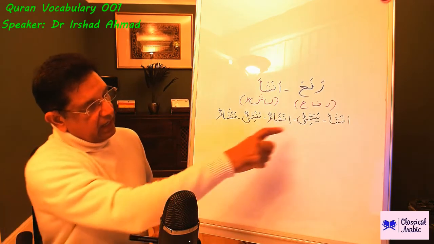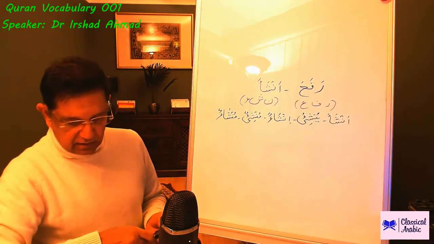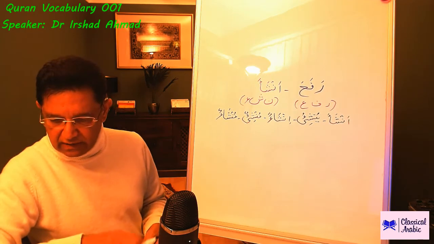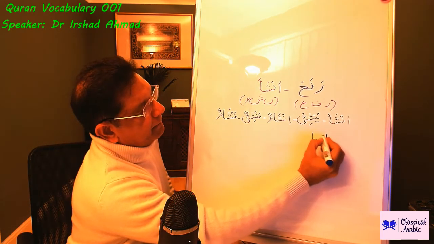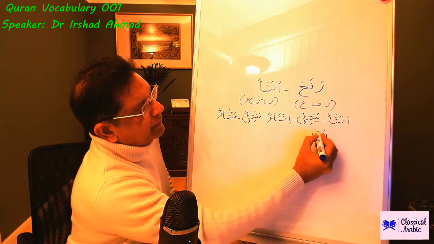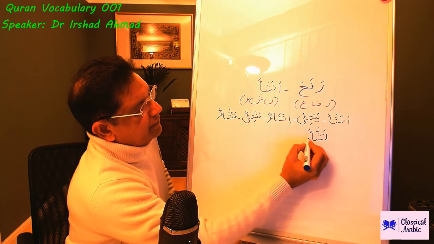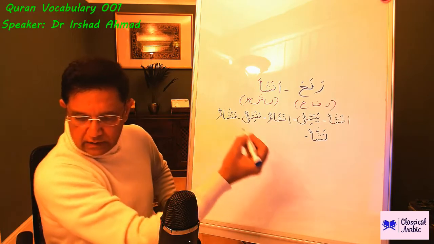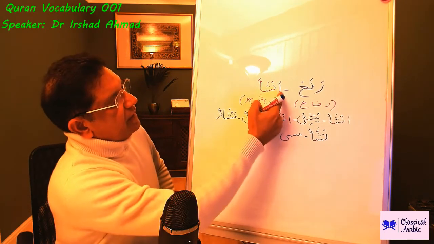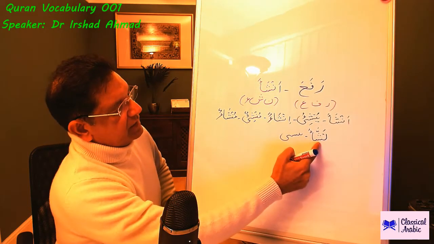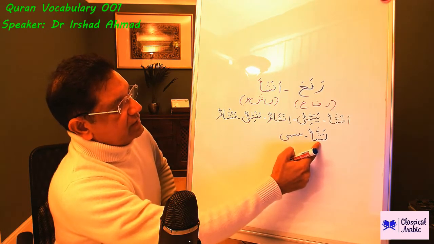And a similar, associated verb is nasha'a yunashi'u. Nasha'a yunashi'u. Here Hamza is extra, here Sheen is extra, we can see here clearly. So this again is the basic form.